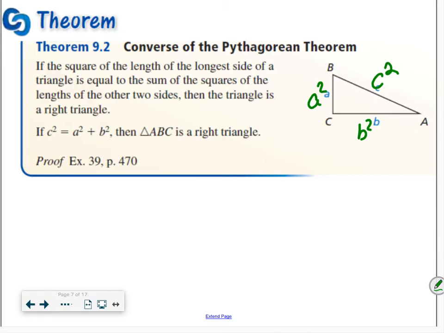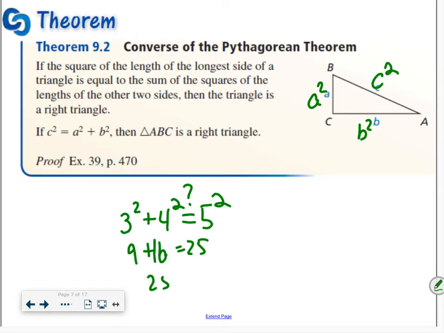So in other words, when you set something up and you put in 3 squared plus 4 squared, ask yourself, does it equal 5 squared? So we get 9 plus 16 equals 25. 25 equals 25. Because these three numbers work in the Pythagorean theorem, it means that those 3 side lengths, in this case 3, 4, and 5, are actually making a right triangle.